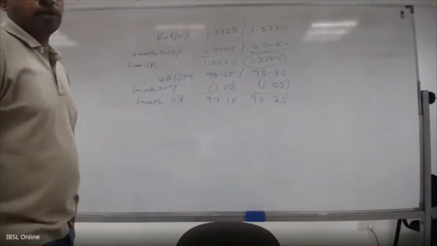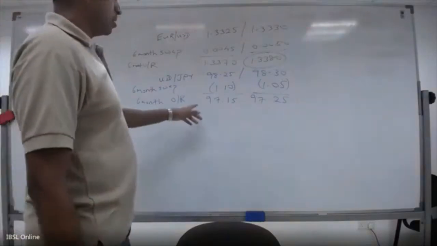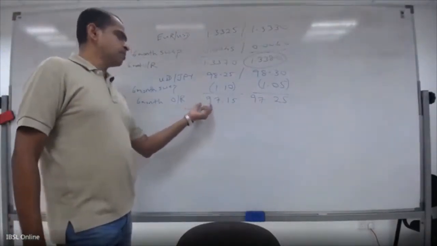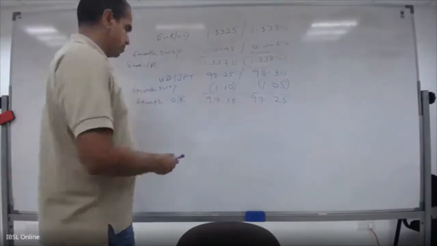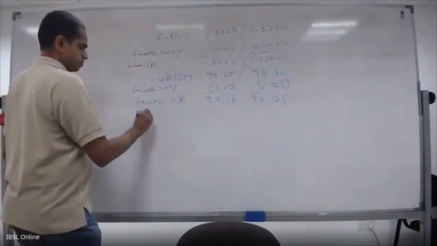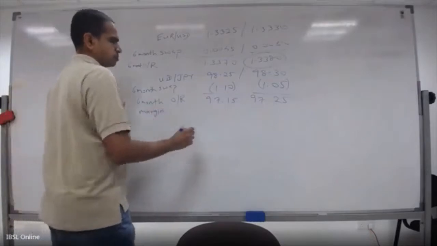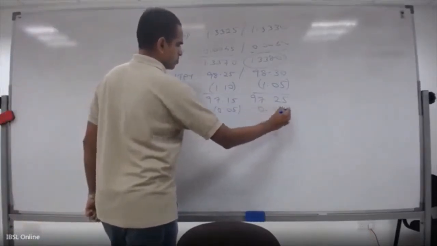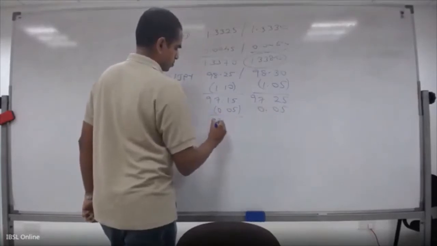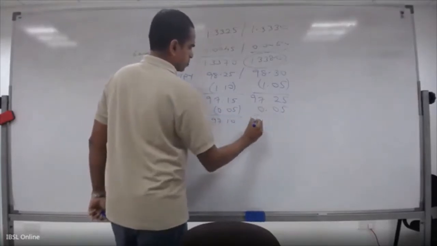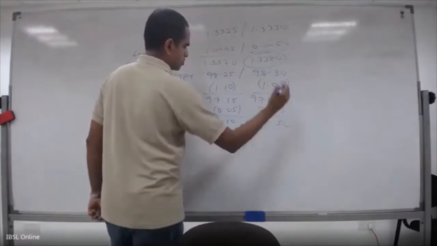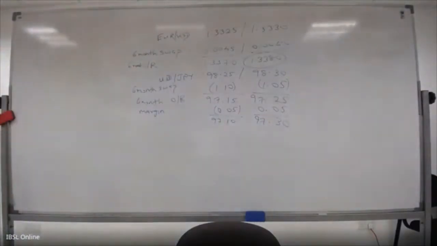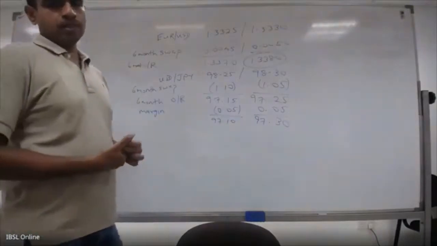And the bank charges a 5 pip margin, right? So the profit is 5 pips from either side, meaning from the bid you have to reduce, from the offer you have to add. At what rate can you buy 6 months yen?